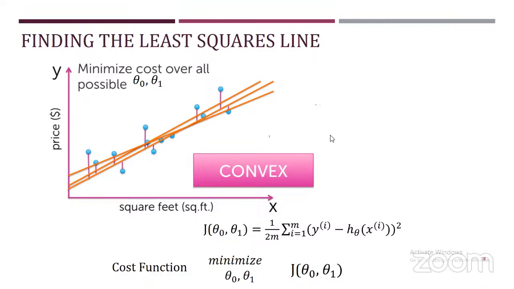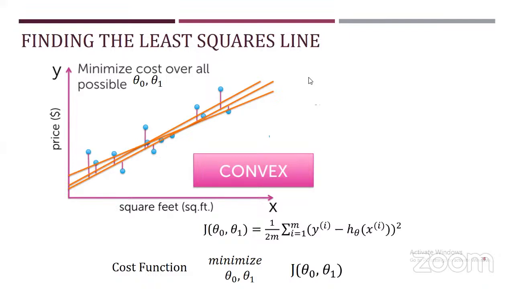So this is the point which I have discussed. This is one of the ways to calculate the value of your theta naught and theta one. Now there could be another way, like the one point I mentioned in your earlier discussion.